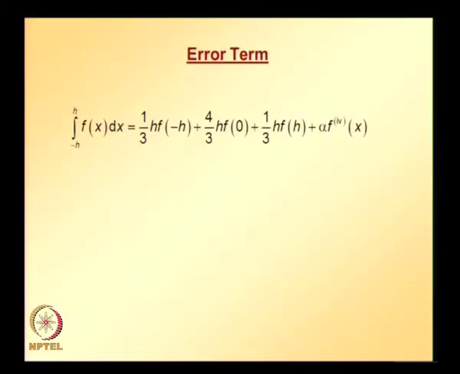Similarly, we can derive the dominant error term associated with Simpson's rule. Basically, in Simpson's rule we approximated the function in this manner, where higher order terms are grouped into the form, or the dominant error term is shown as alpha times fourth derivative of the function.